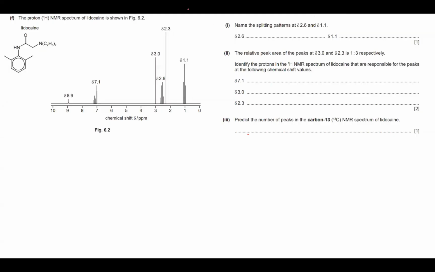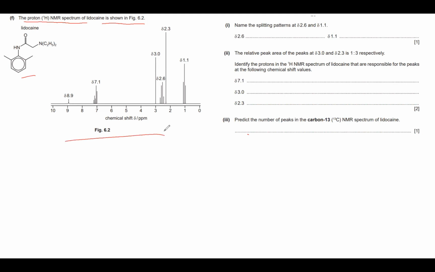So moving to the next question. The proton NMR of this compound, lidocaine, is shown in this figure. So here we have the compound, and here we got the NMR spectrum.